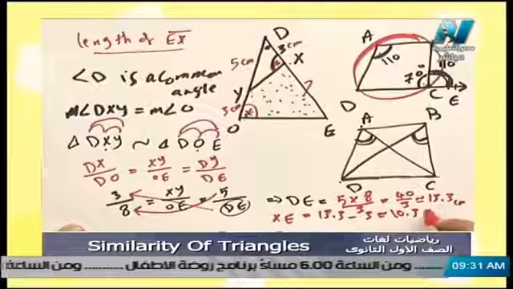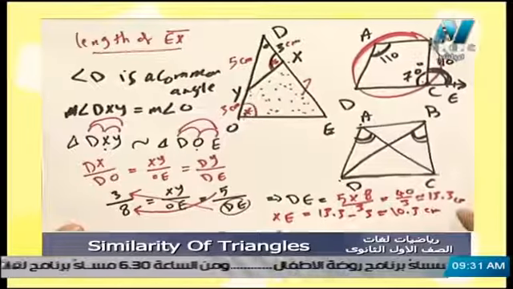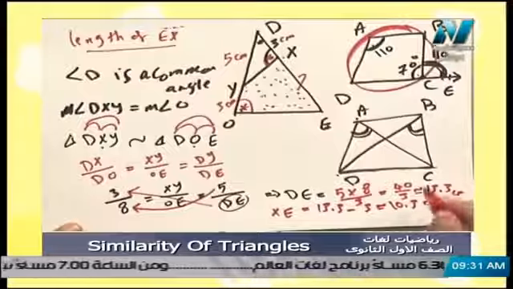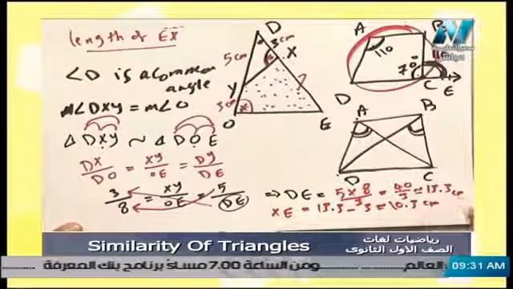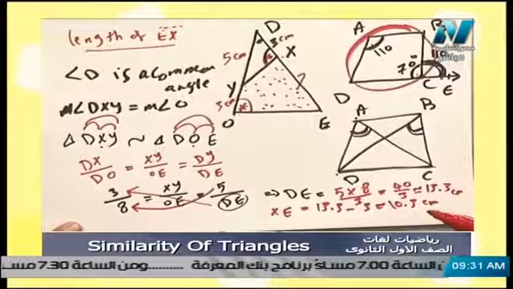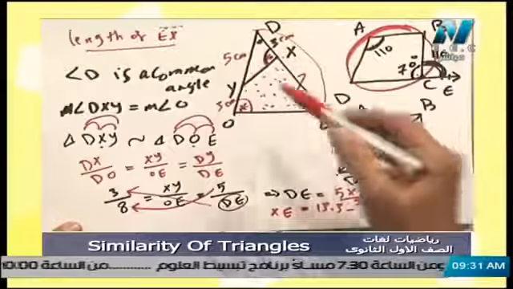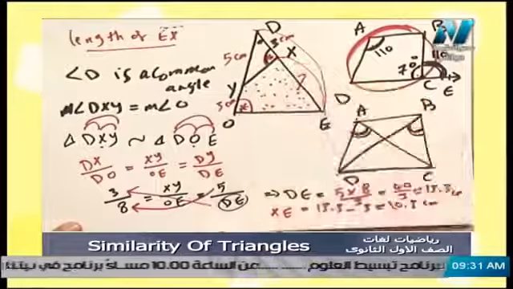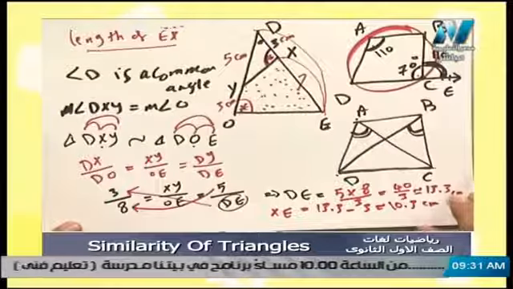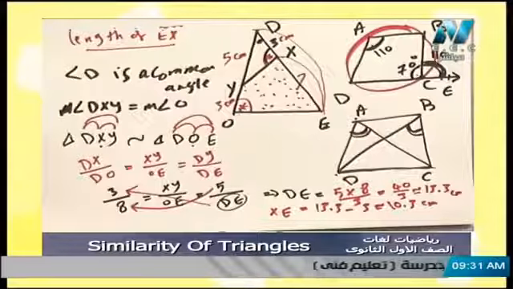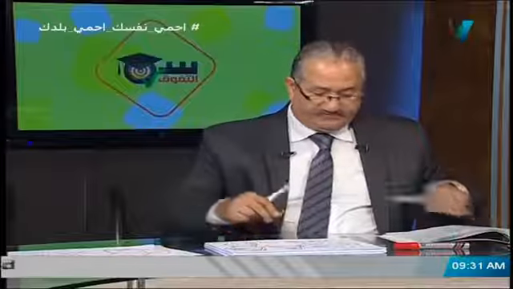This is approximate, because you have 0.3333 and so on, so we say approximately 13.3, and we subtract the length of DX from the total length of DE to get XE. So XE here equals 10.3. Okay, let's move to another corollary here.